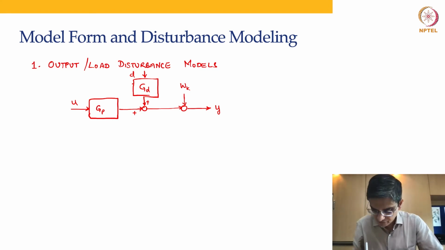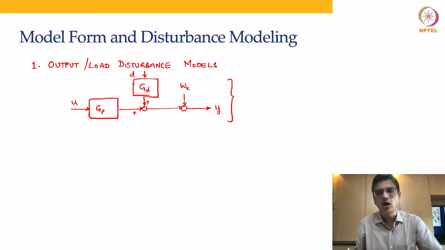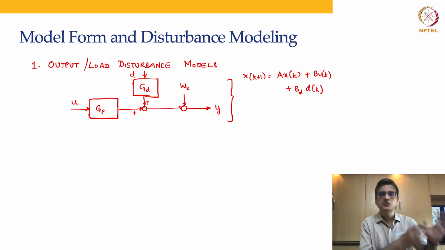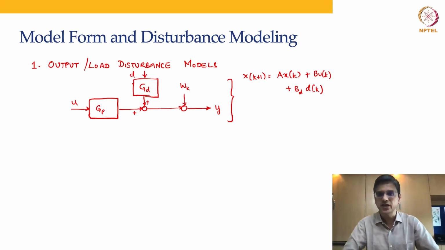Okay, now if this is our model, how do we get the overall model for the system? We are going to get this as x_{k+1} equal to A x_k plus B u_k plus B_D d_k. Okay, and how do you go from G_P, G_D in this form A, B, and B_D?